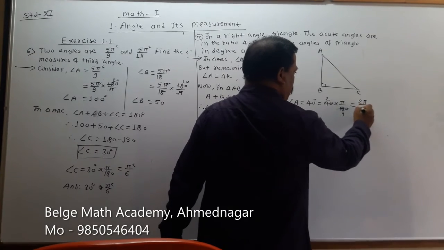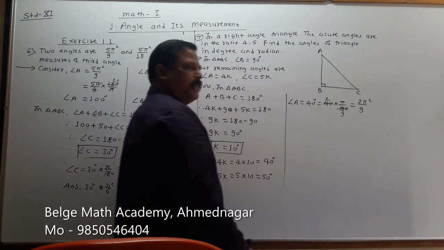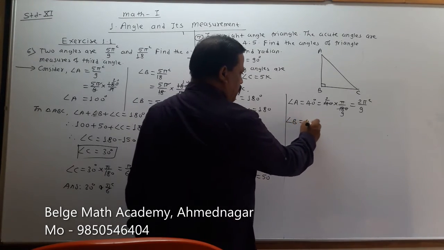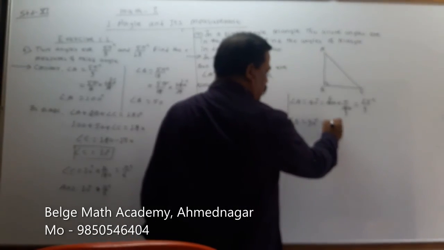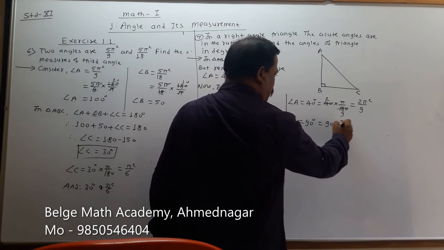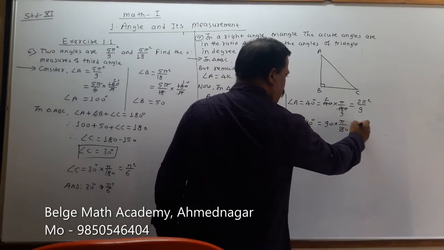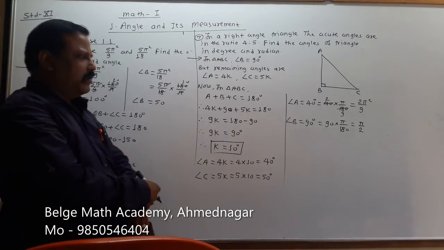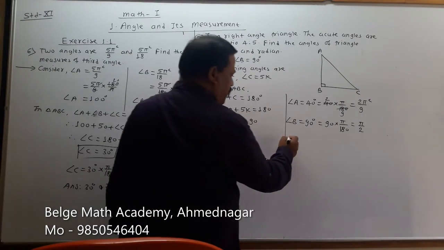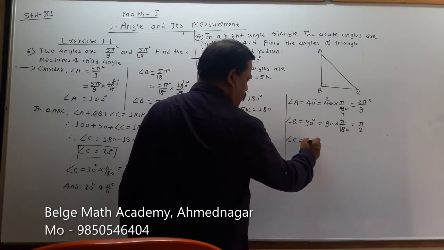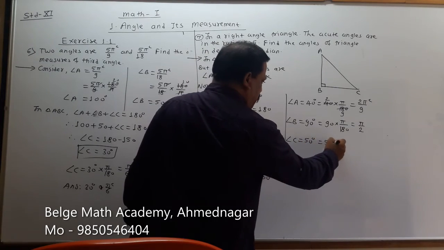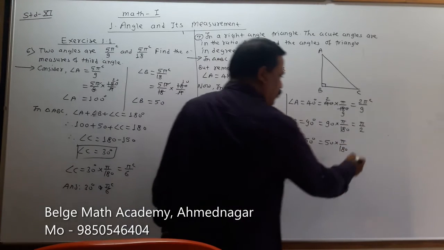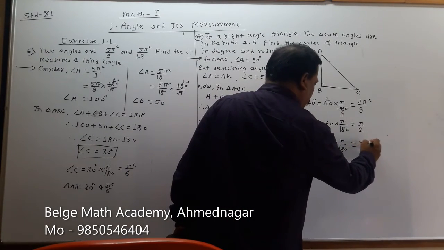Multiplication gives 2 pi upon 9 radian. Angle B is 90 degrees, so 90 multiplied by pi upon 180, so easily we get pi by 2 radian. And the third angle is 50 degrees, so 50 multiplied by pi upon 180, so that answer is 5 pi upon 18.